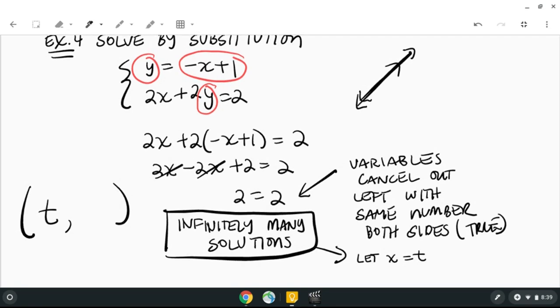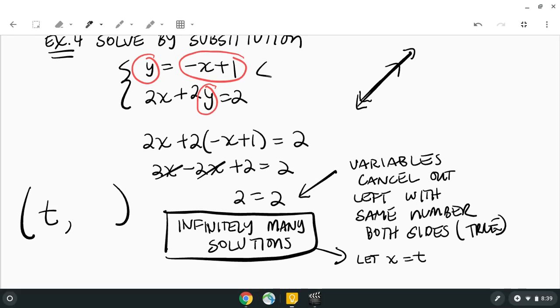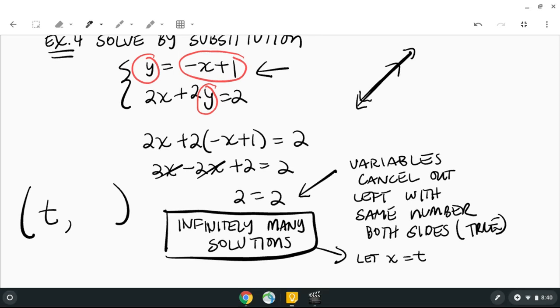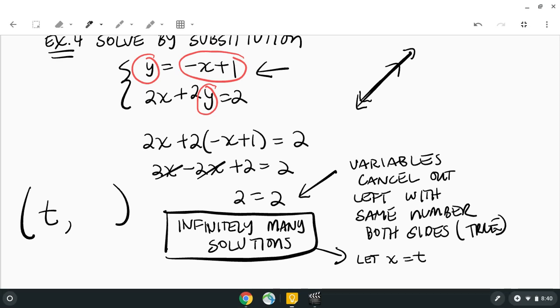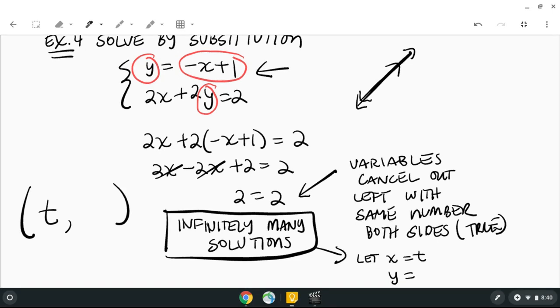So I'm going to take that t and use this top one. So x equals t. Coming back down below where it says let x equals t, then y equals negative t plus 1.